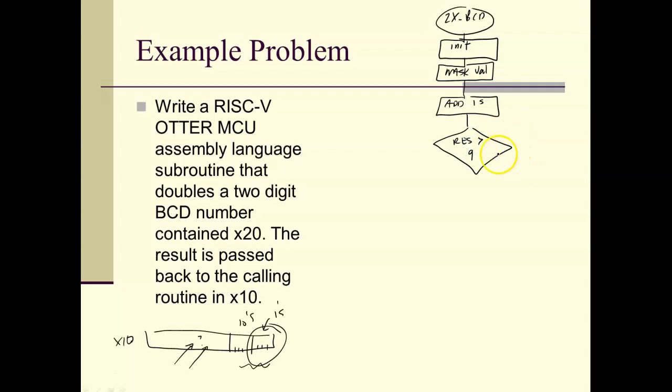Probably not how I'm going to implement it, but if it's no, then we're good. We get to go on. But if it's greater than 9, I have to put it in one big box: subtract 10 and add 1 to the 10's digit. So I'm subtracting 10 from the current value, and I'm incrementing the 10's digit by 1. And at that point, I am ready to go on to the next thing.